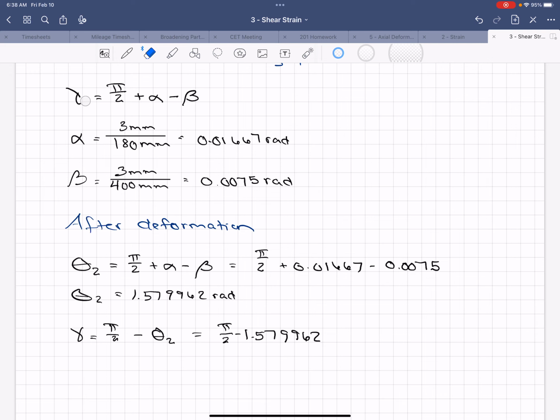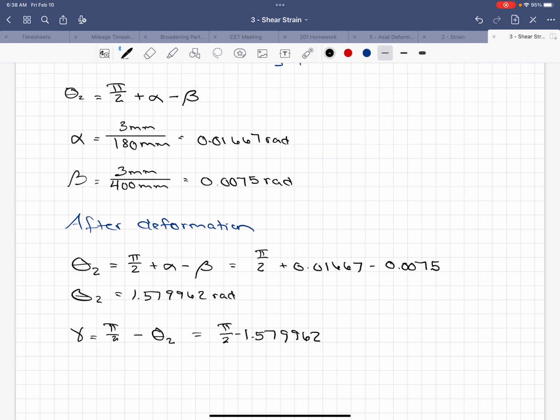Sorry, this isn't gamma. This is theta 2. Sorry, everyone. Theta 2. And then gamma equals pi over 2 minus theta 2, so the change in the angle.